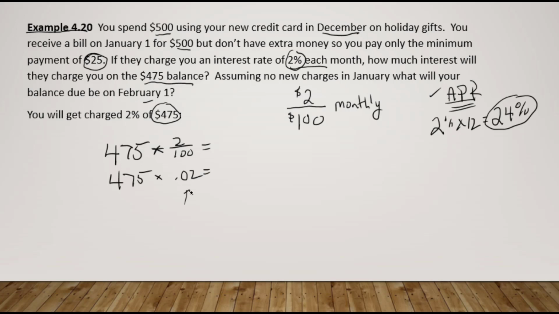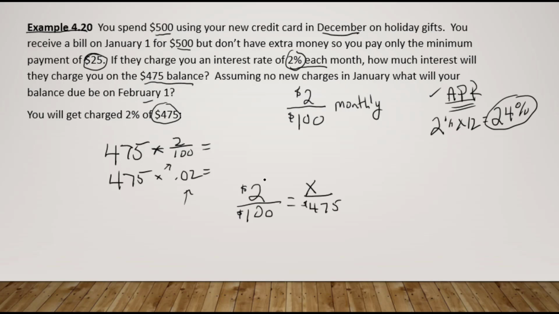Because these are the same. Or you can set up a proportion and say, well, I'm paying for every $100, I'm paying $2 this month on what I owe. Therefore, how much am I paying if I owe $475?